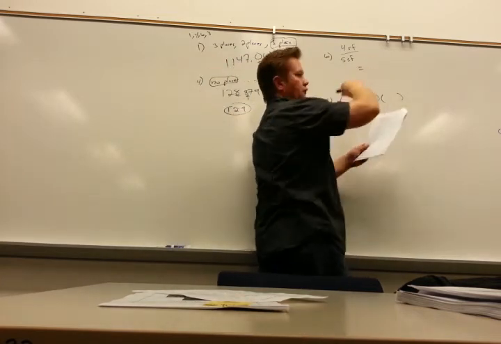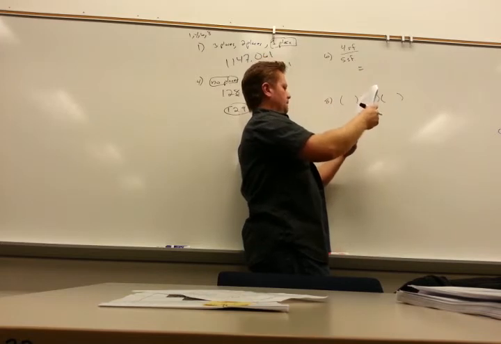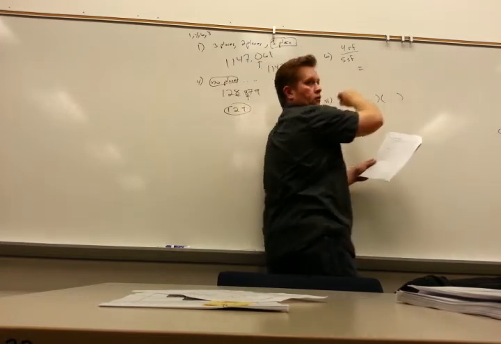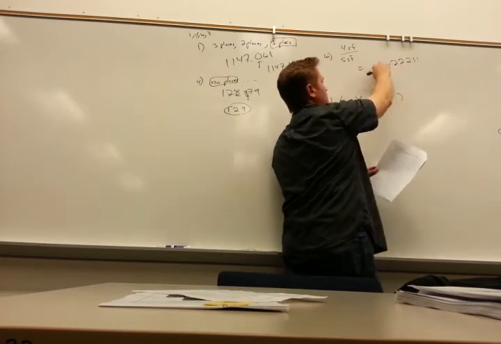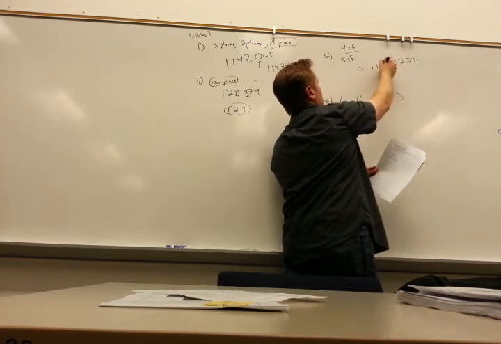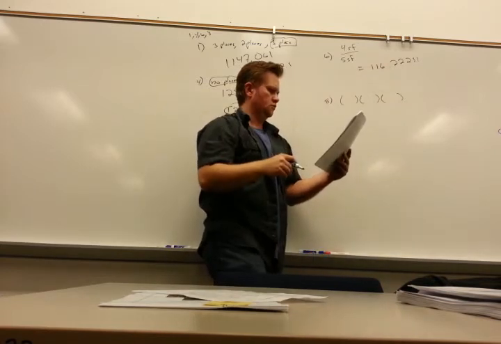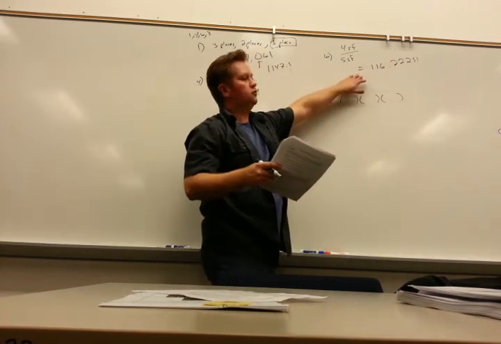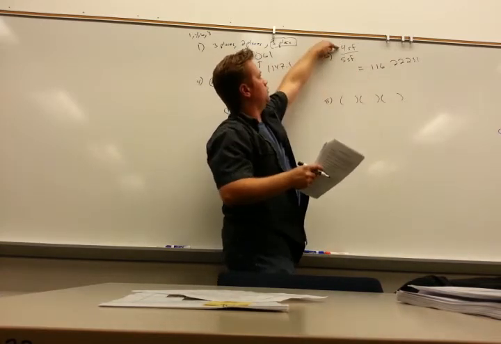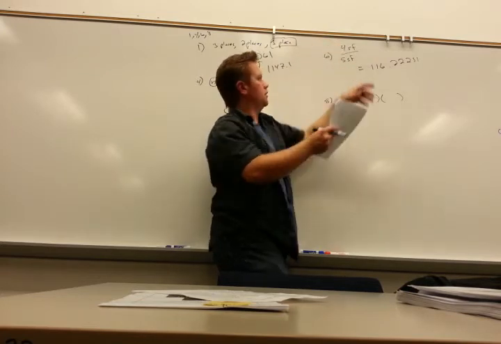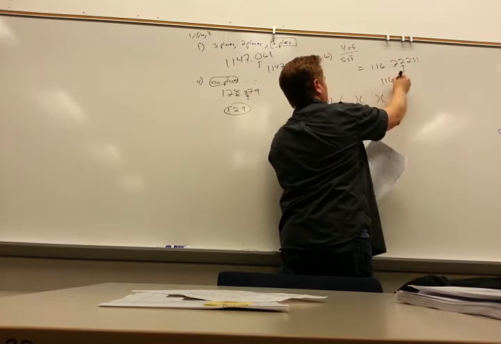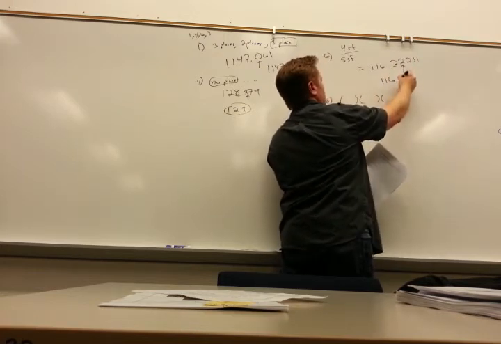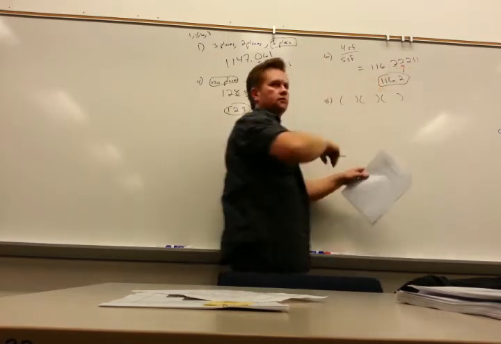When you divide that before you round, what do you get? 116.22231. You told me I need 4 sig figs, the weakest one, so 1, 2, 3. I need to round to here. So it's 116.2, because that's not big enough to make a 3.